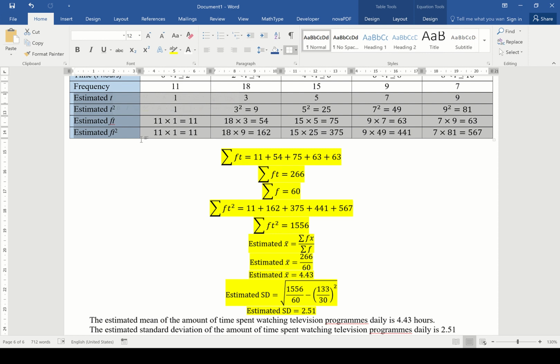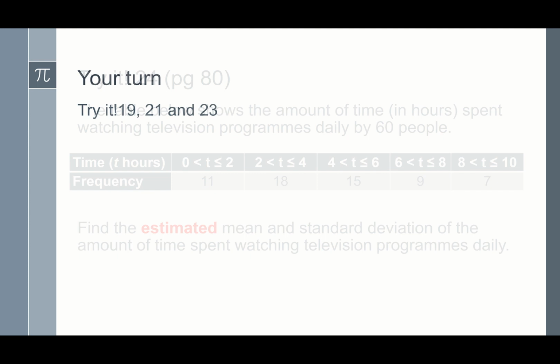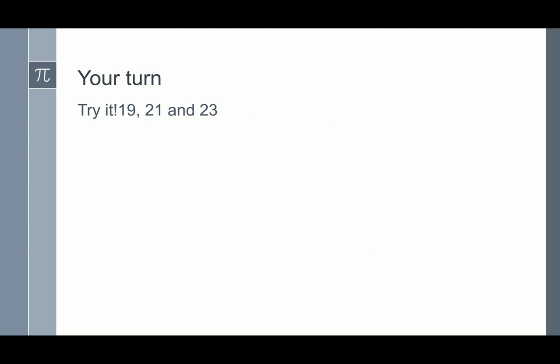The problem with the shorter way is that it's quite complicated to remember the steps because it involves using your calculator itself. So what I'm going to get you to do is very simple. You still need to do this table method. So what you're going to do next will be to complete Write 19, 21, and 23.